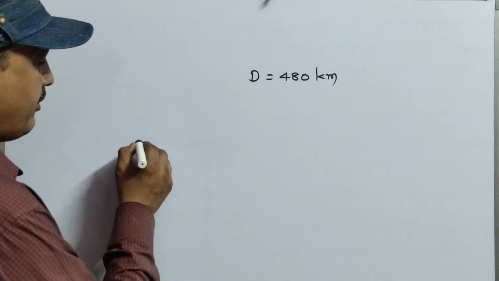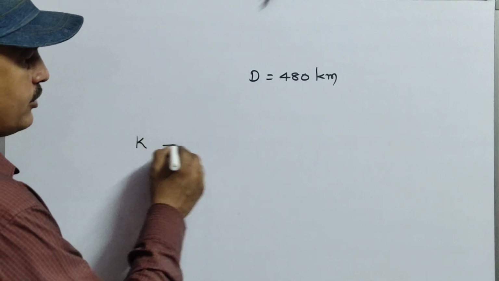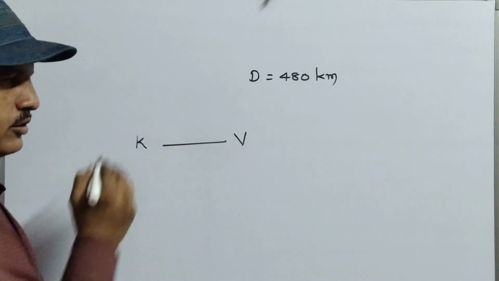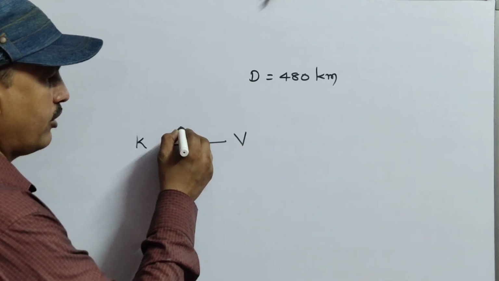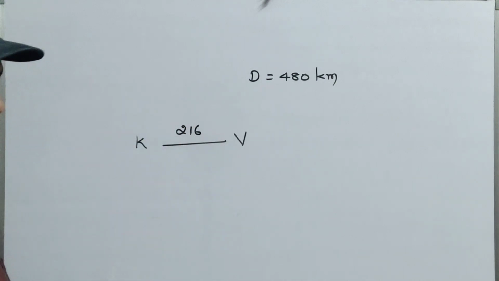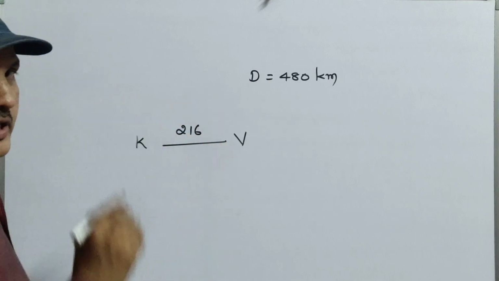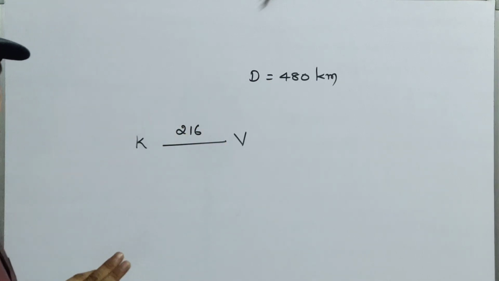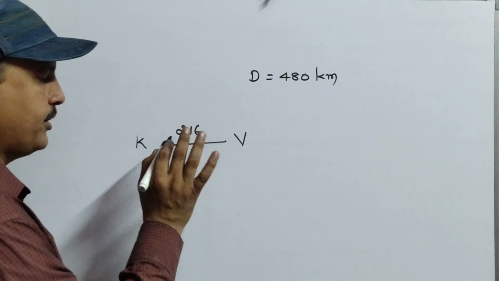Suppose you want to travel from Kakinada to Vizag. The distance is around 216 kilometers. Suppose we don't know the speed. Okay, if you know the speed also no problem.